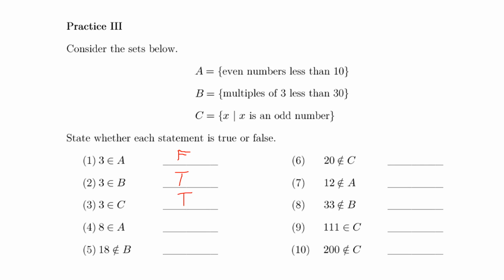Number 4, 8 is an element of A. 8 is an even number, so this is true. Number 5, 18 is an element of B. Set B tells us that these are multiples of 3 less than 30. 18 is a multiple of 3, so this is true.